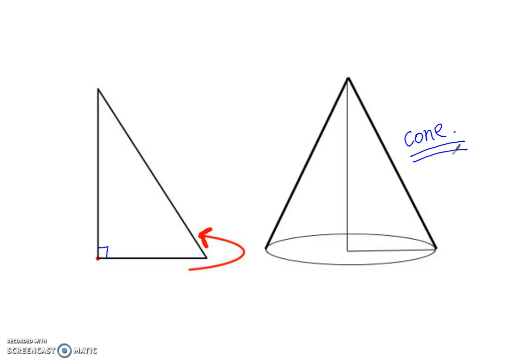If I decide to rotate it over the shorter leg, I still get a cone, except the dimensions will be different. Let's say this is 5 and this is 10. This distance here will also be 5, and this will be 10. So the radius of the base of this cone is going to be 5. So, good luck.